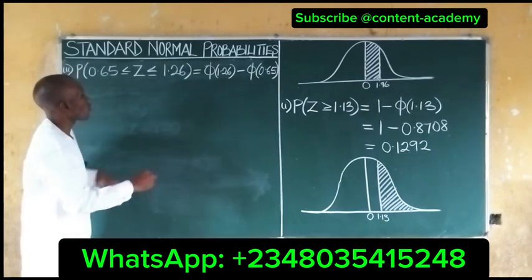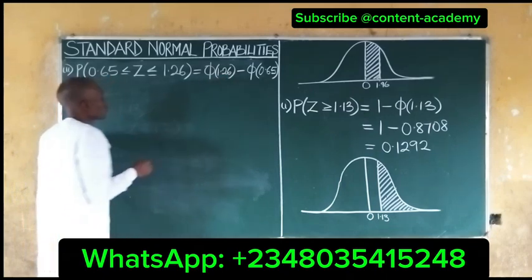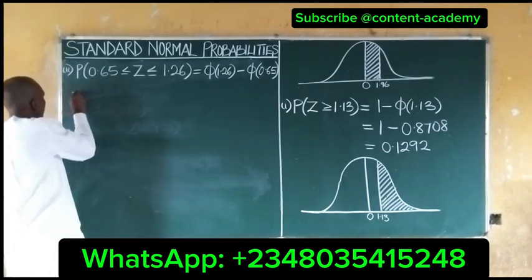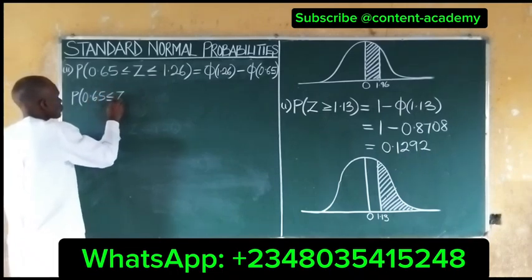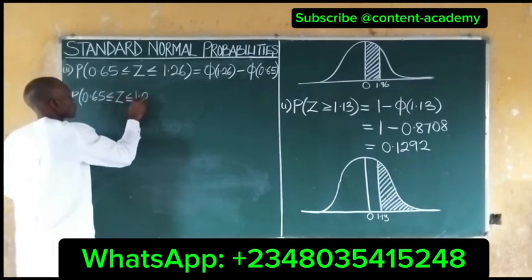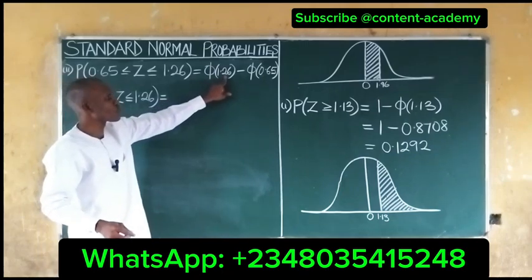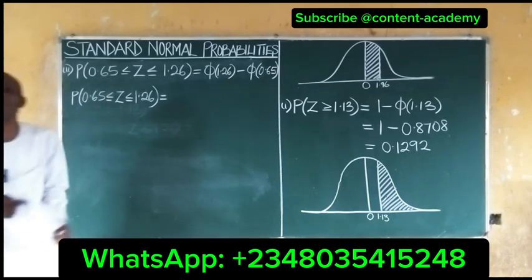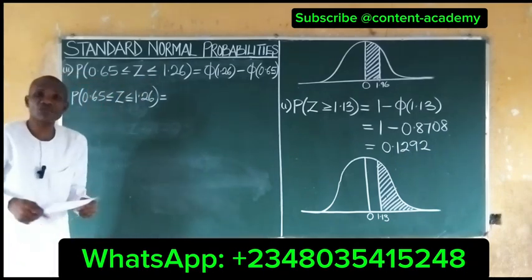So how do we find phi 1.26? Just the same process we have been using. So our probability of 0.65 is less than or equal to z is less than or equal to 1.26 will be equal to, now we find 1.2 under 0.06. Since there is no negative sign here, we are not subtracting it from 1.